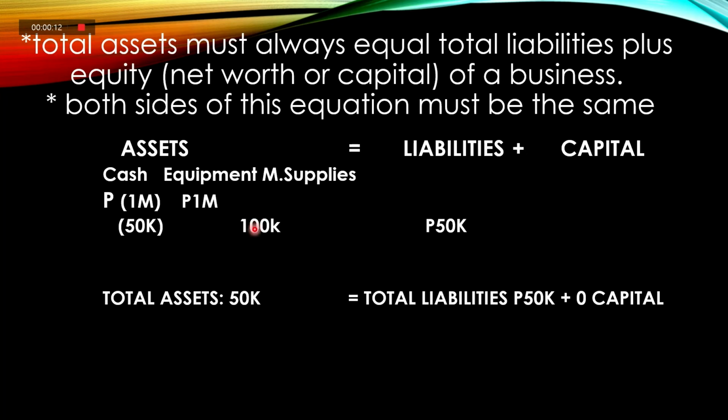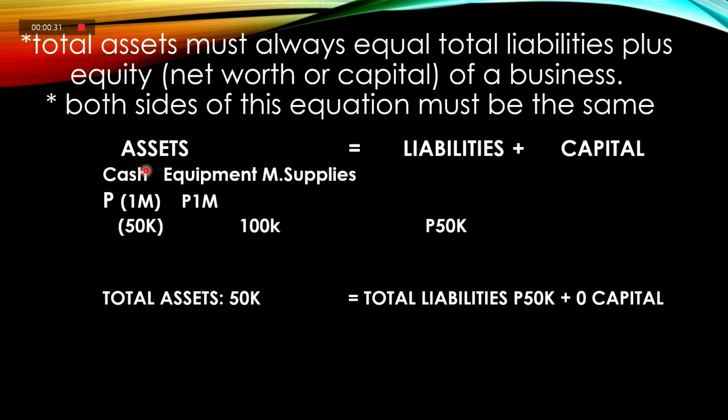We have to remember that in the double entry bookkeeping system, total assets must always equal total liabilities plus equity, or the net worth or capital of a business. So both sides of this equation must always be the same at all times.